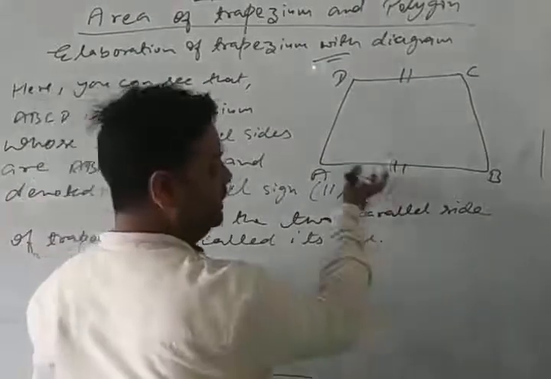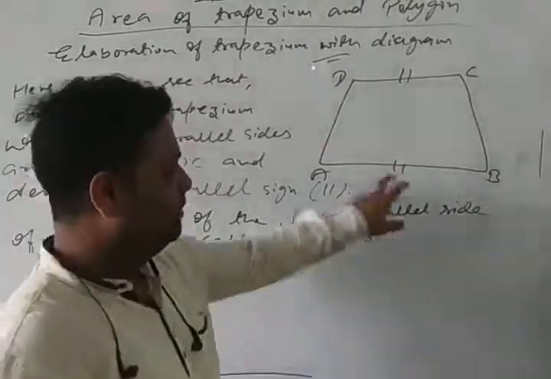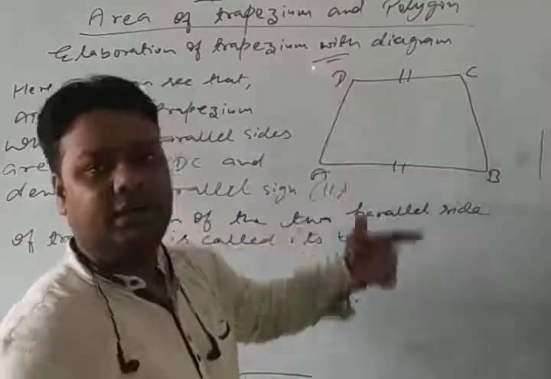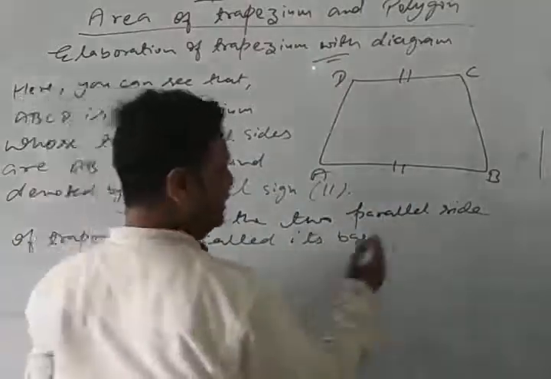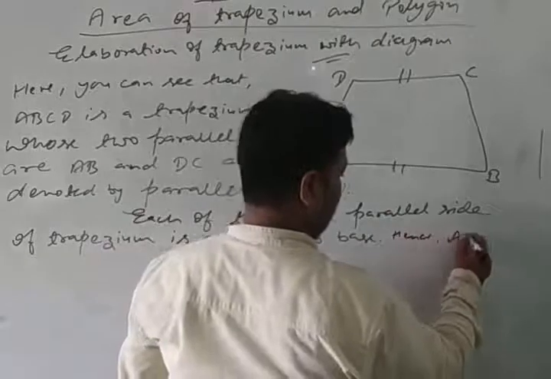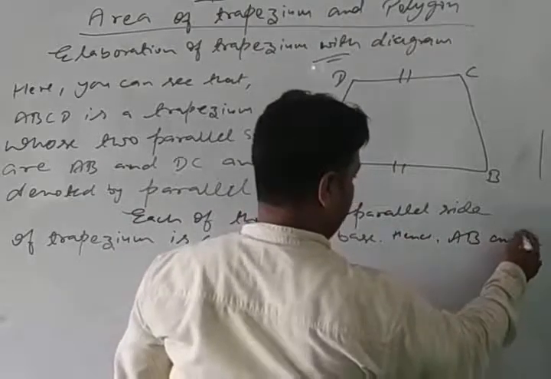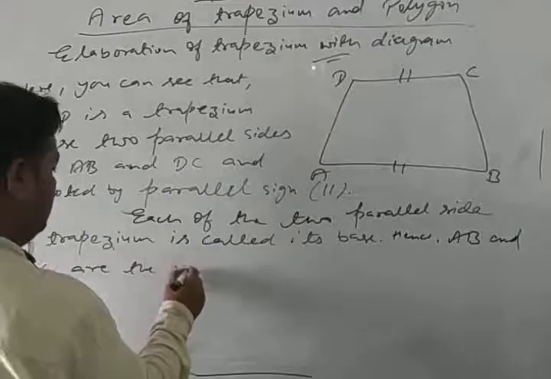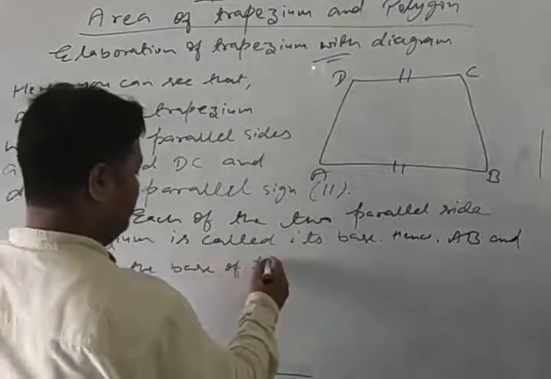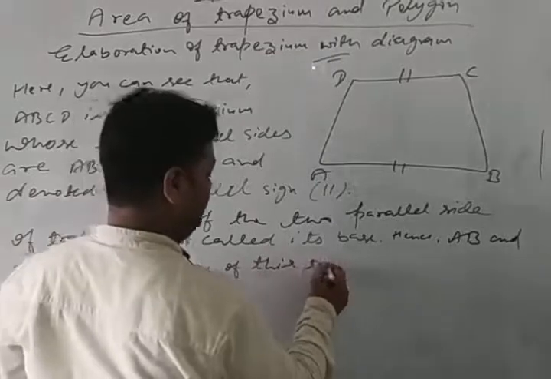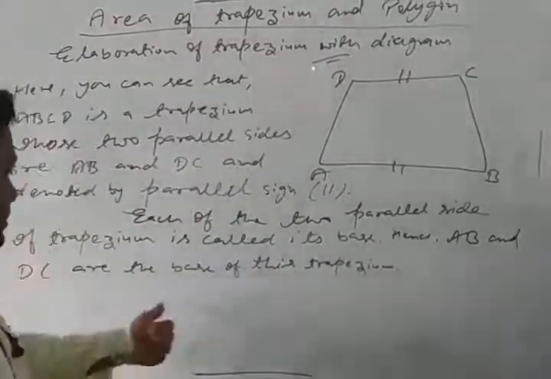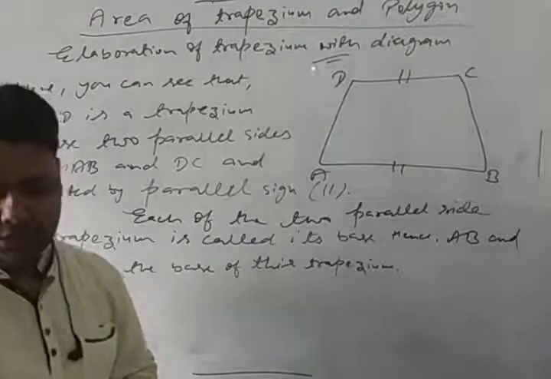If you are seeing from here, then AB will be the base. If you reverse the figure, then DC will be downside and AB upside, then DC will be the base. So we can say that hence AB and DC are the bases of this trapezium.